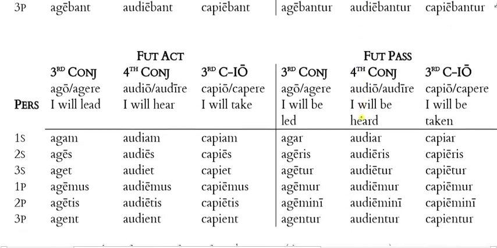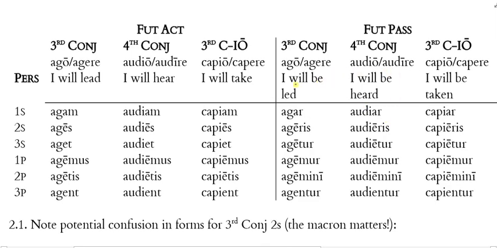Now let's look at future. So remember, the futures are where the third and fourth conjugations get very, very unwieldy for us, and they verge into looking like second declension forms.